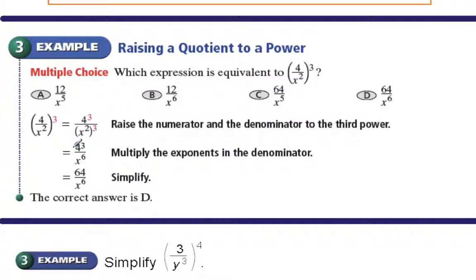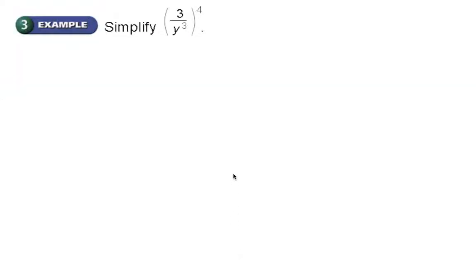Raising a quotient to a power. I believe you guys have already seen a couple like this, so we're not going to spend a whole lot of time on it. What this is, you take your factors, there's 2 factors inside these parentheses. So we have to raise the 3 to the 4, and we have to raise this y cubed to the 4.